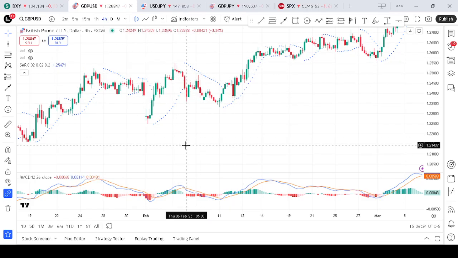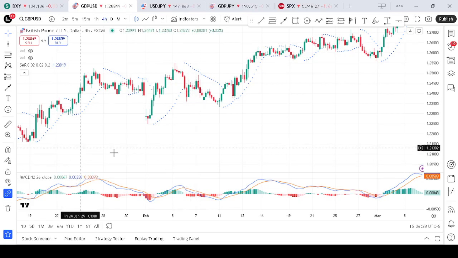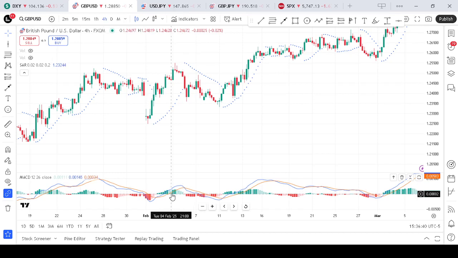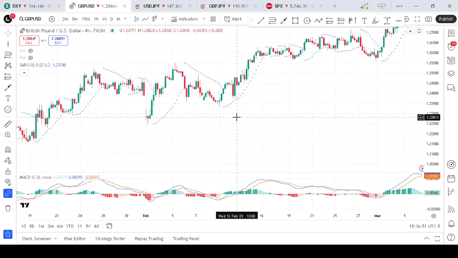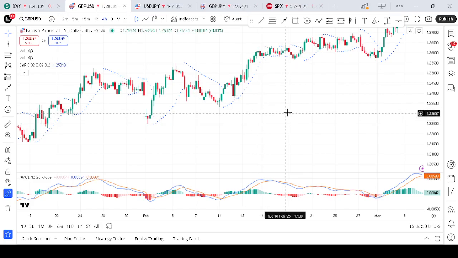We are also looking for the MACD crossover to validate entry timing. Then we will look at the histogram on our MACD indicator for momentum to confirm the trend strength. This is how we combine both indicators. This systematic approach helps eliminate false signals and increase your probability of successful trades. The Parabolic SAR keeps you in the trend while the MACD confirms the momentum.